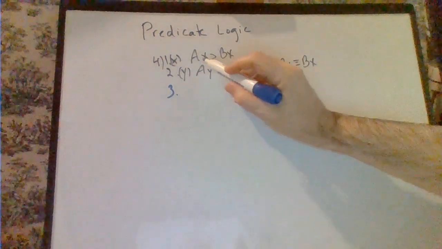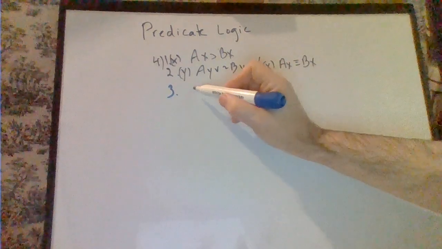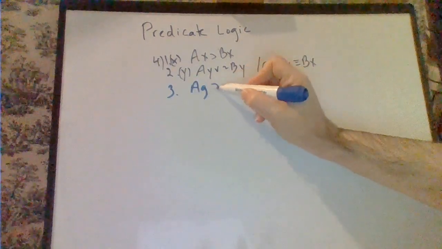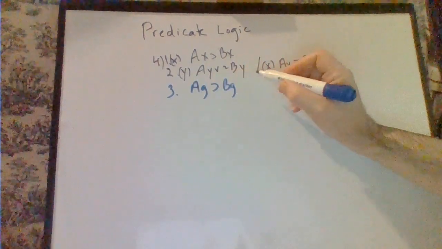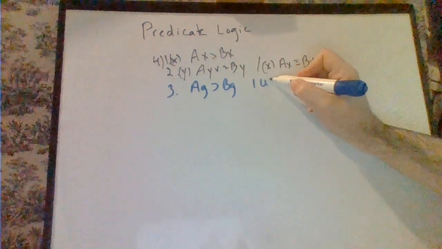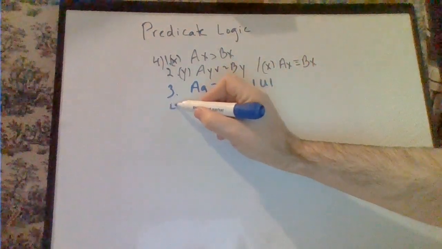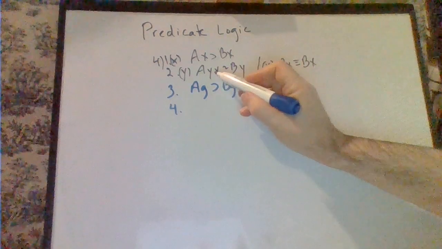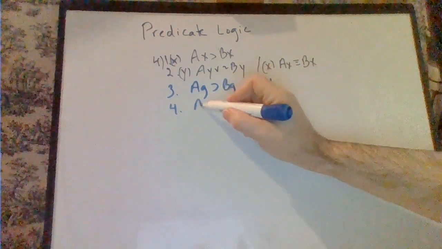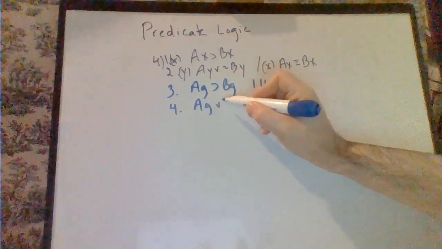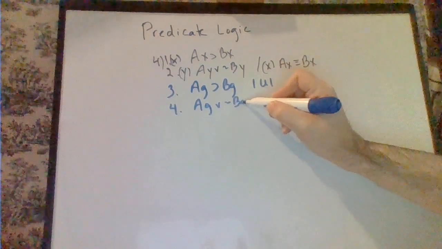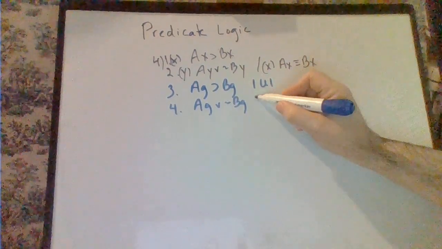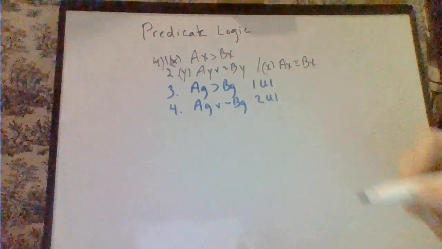So for every x, Ax then Bx would become Ag then Bg from line 1 through a universal instantiation. In line 2, we're going to replace the y with the g as well. So that becomes Ag or not Bg from line 2, universal instantiation.